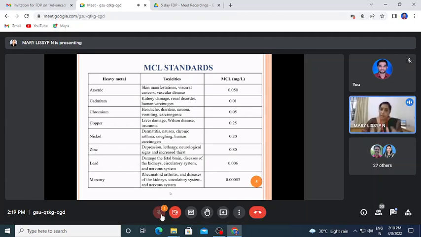Only then can we say whether the treatment is effective or not. You can see what toxicities are created by each heavy metal, and the maximum contaminant level means the maximum limit for each heavy metal.